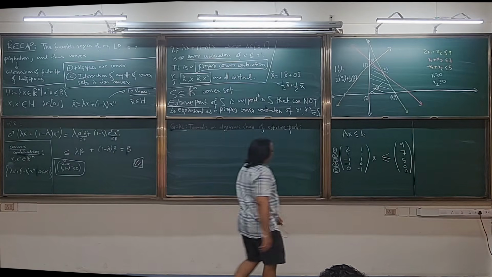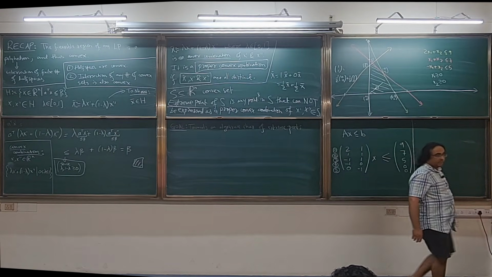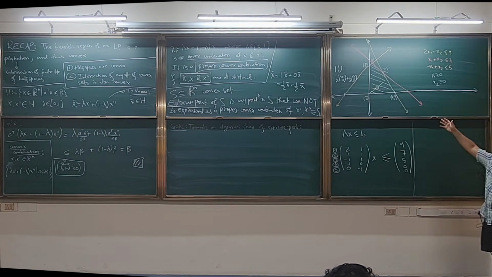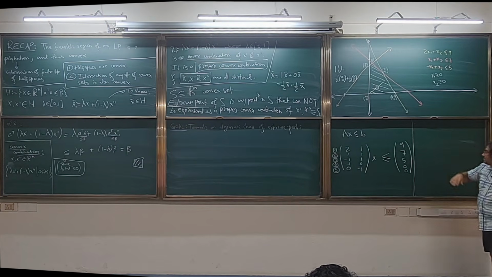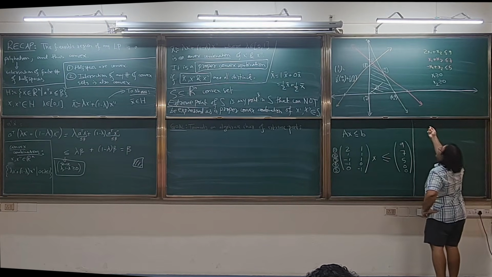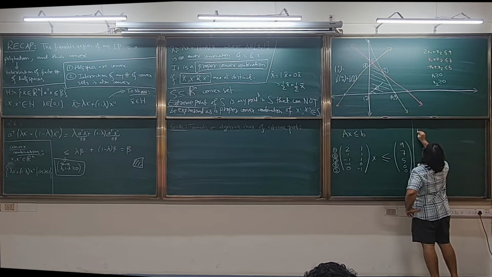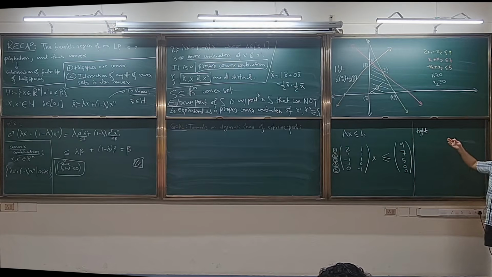So for any point in the polytope that we have drawn, which is not a perfect drawing, but it is okay for this, we are going to define the so-called tight constraints and the slack constraints. Okay? So let's consider one of the extreme points. But I can define this for any point.